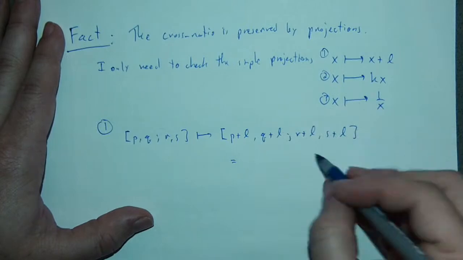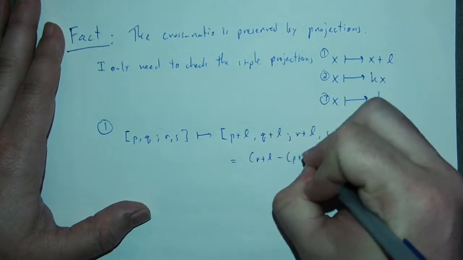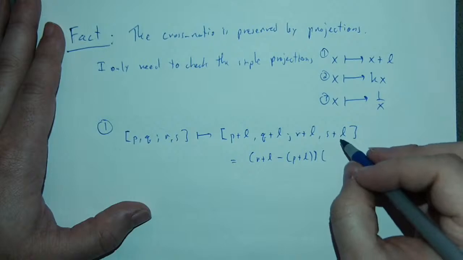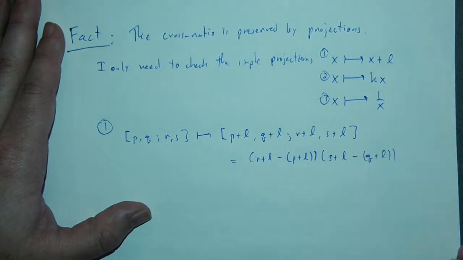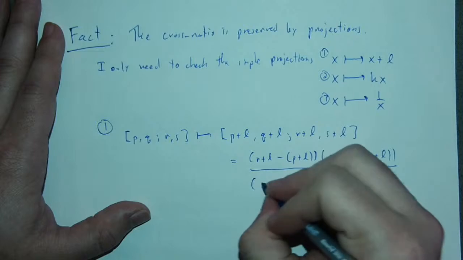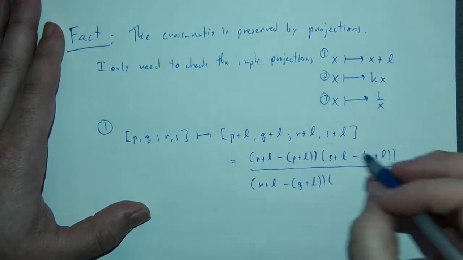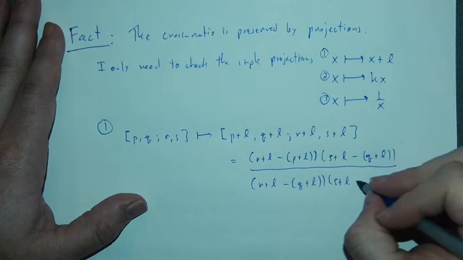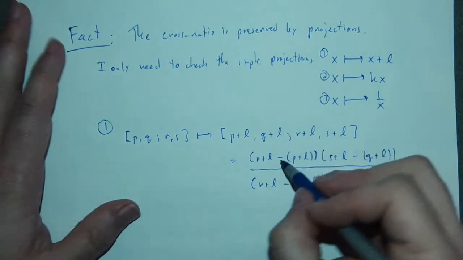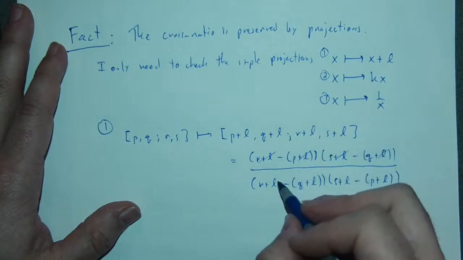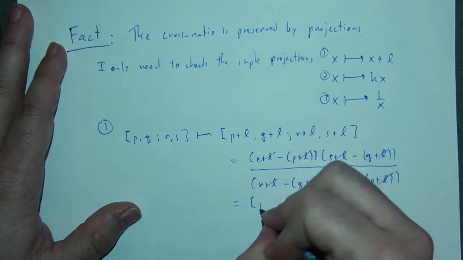If I just write this out, remember it's first and third, so it's R plus L minus P plus L, times S plus L minus Q plus L, over R plus L minus Q plus L, times S plus L minus P plus L. The L's cancel in every single piece of this cross ratio by subtraction, and we're just left with the normal cross ratio.